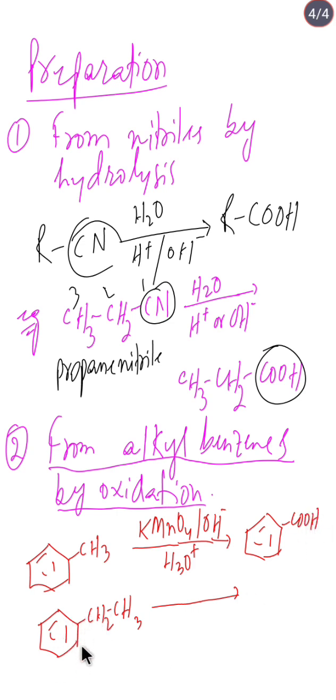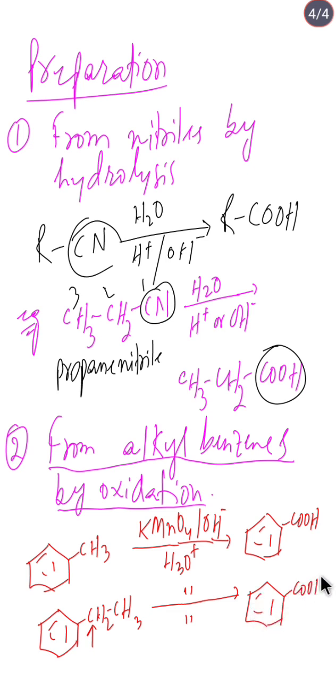This alkyl benzene also contains 2 benzyl hydrogens here. Actually, we need only one benzyl hydrogen for oxidation to occur. When this is oxidized with KMnO4 followed by acidic hydrolysis, then this is also oxidized to benzoic acid.